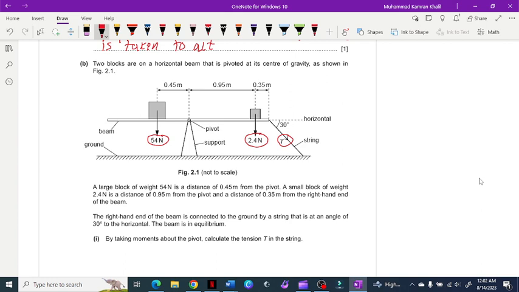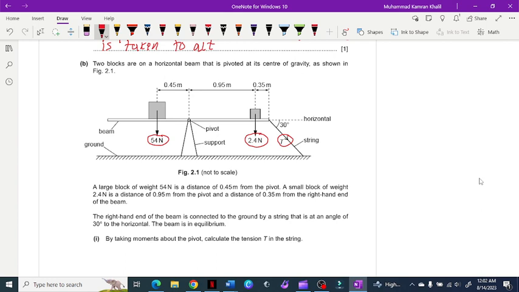So the moment on the left hand side will be greater as compared to the consideration of only one force 2.4 Newton on the right hand side. But since this system is in equilibrium, it means that the string is also providing the clockwise moment, due to which the whole system is in equilibrium.